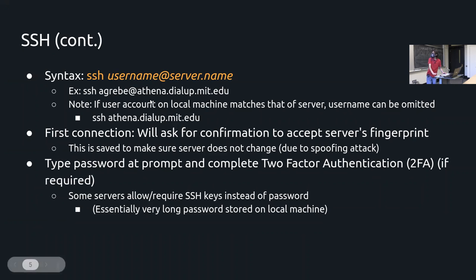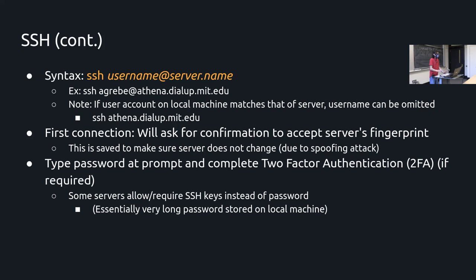My username is AGREBE, so I would type that at athena.dialup.mit.edu. Then it'll ask you for your password and 2-factor authentication, and then you'll be connected to this other machine in some faraway server and essentially be controlling it almost as you would with Windows Remote Desktop.